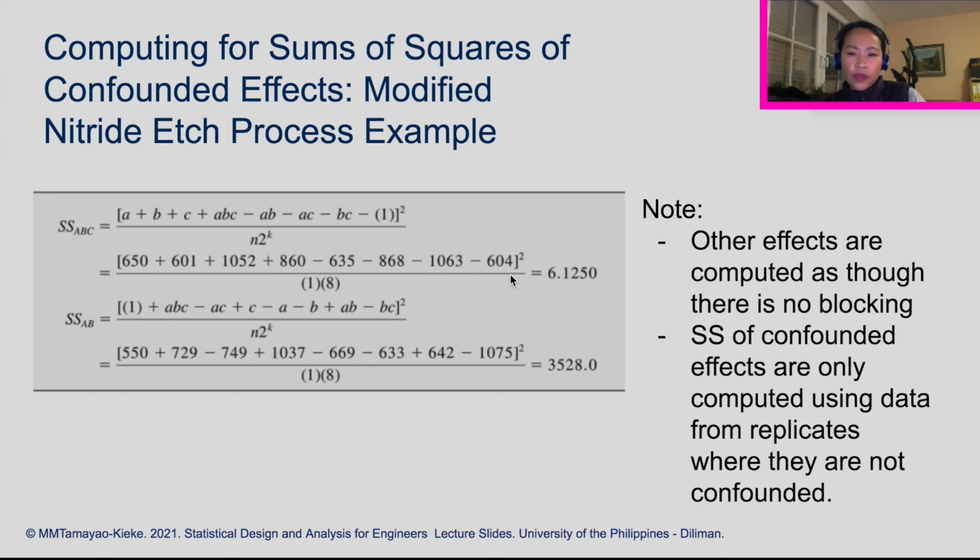So for SSABC, this is again the original expression for computing this effect, ABC, and we get the values from the block where it is not confounded.